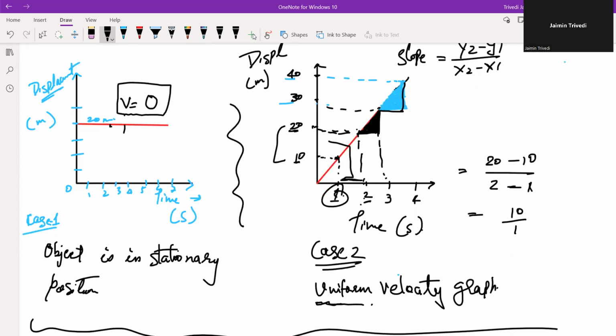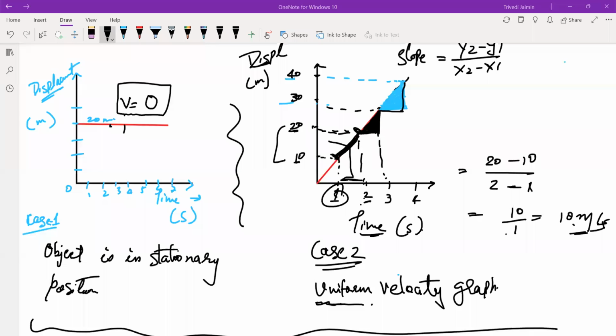So 10 by 1 is 10 meter per second. 10 is meters because it's displacement, 1 is second because it's time. 10 by 1 is 10 meter per second. That is your velocity at this position. In this range, the slope of the displacement time graph shows velocity.